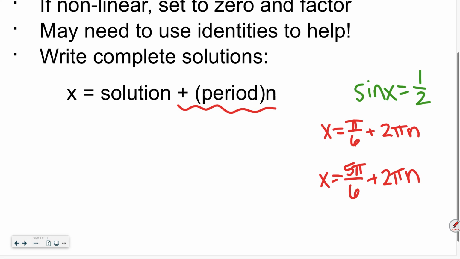Every 2 pi, those same solutions are going to occur. Instead of having to list pi over 6 and 13 pi over 6 and 25 pi over 6, which would be completely obnoxious, this is a way for us to express an infinite number of solutions where we know where they are.